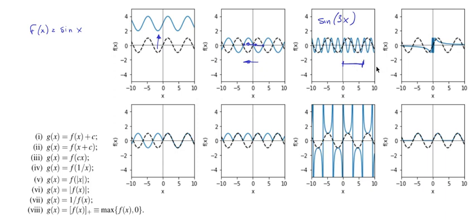Okay, so then the fourth one is sine of 1 over x. This is a very interesting function, because when x goes to plus infinity or minus infinity, 1 over x goes to 0, so the argument goes to 0, and the sine of 0 is 0, so this gets closer and closer to 0.